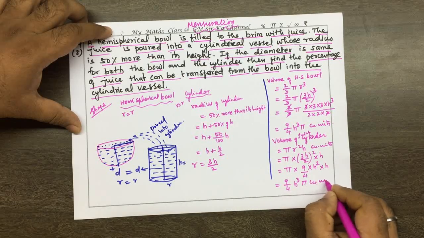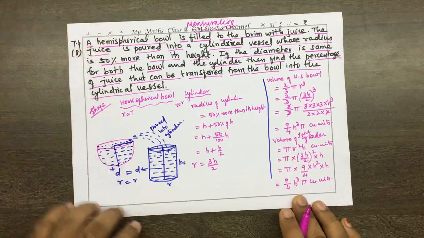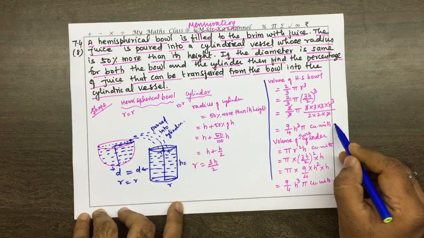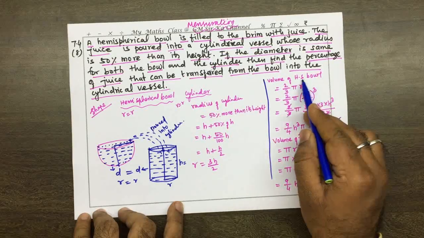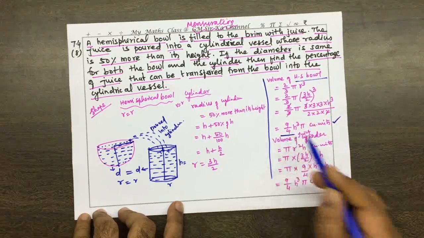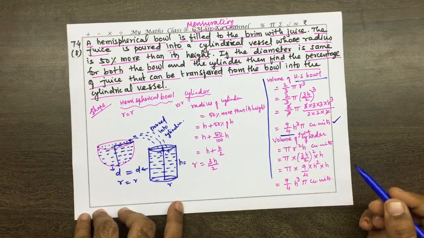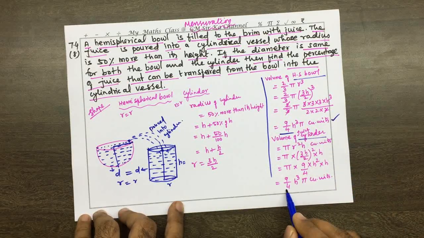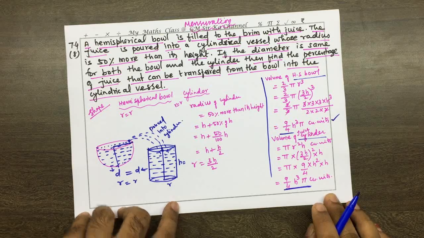Now we can observe that the volume of the hemispherical bowl is 9 by 4 h cube pi, and the volume of juice in the cylinder is 9 by 4 h cube pi.